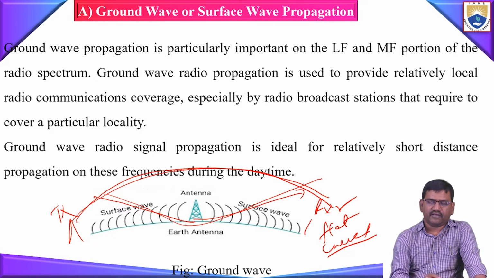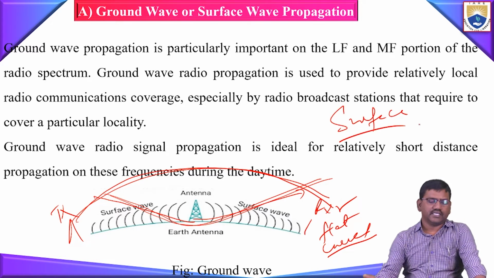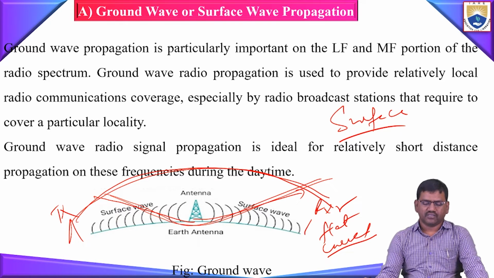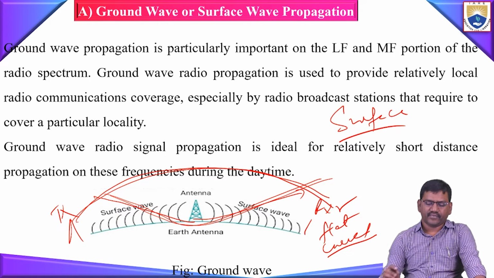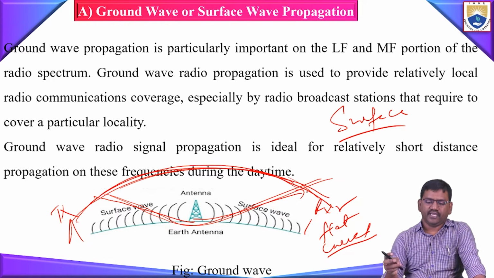The waves which travel over the surface of the earth, we call a surface wave, or also a ground wave. And some waves travel over free space towards the receiving antenna.